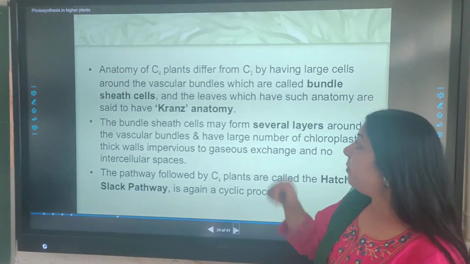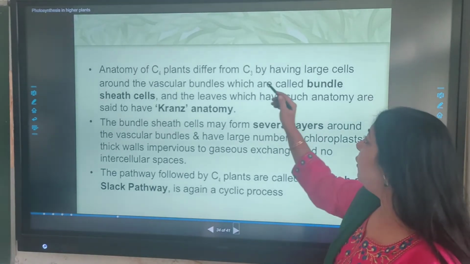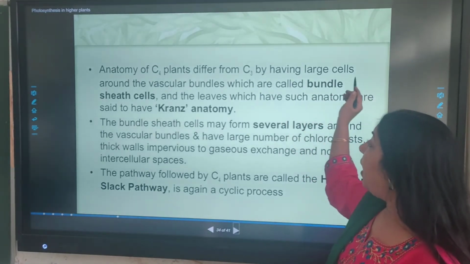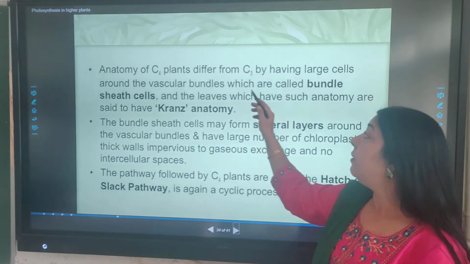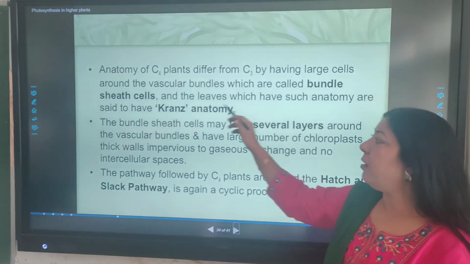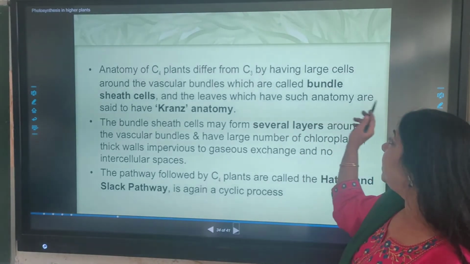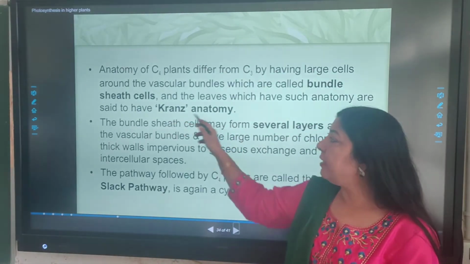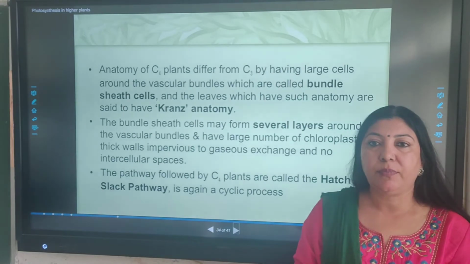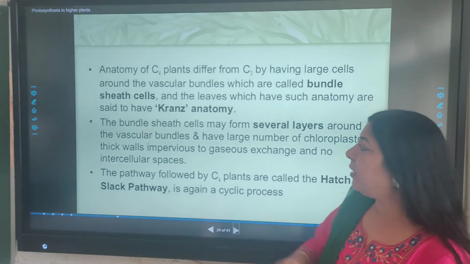The anatomy of C4 plants differs from C3, having large cells around the vascular bundles, which are called bundle sheath, and the leaves which have such anatomy are said to have Kranz anatomy. That is very important. We will study the diagram also.